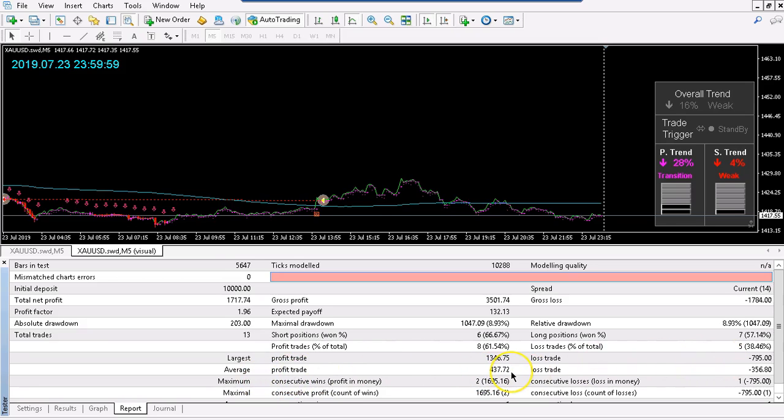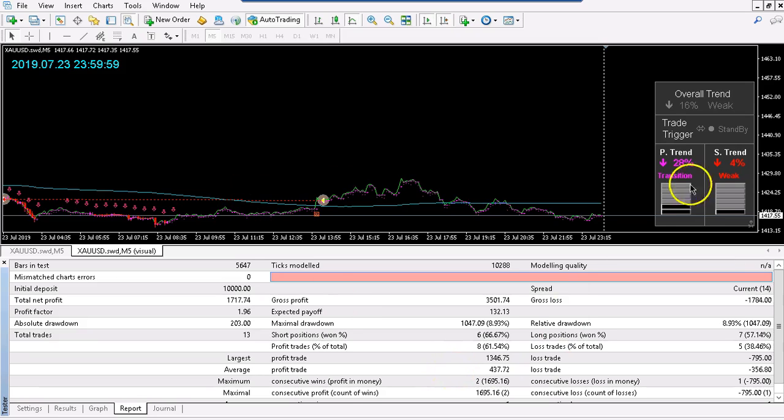Average profit of the trade way higher than your average loss, so $437 versus 356. And then you've got your consecutive wins and your maximum consecutive wins.